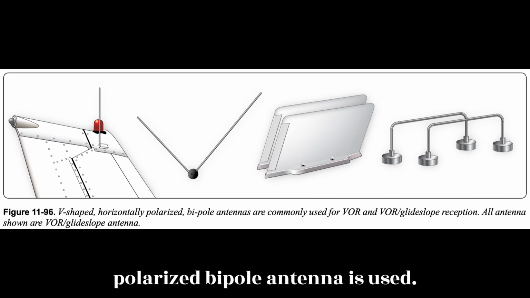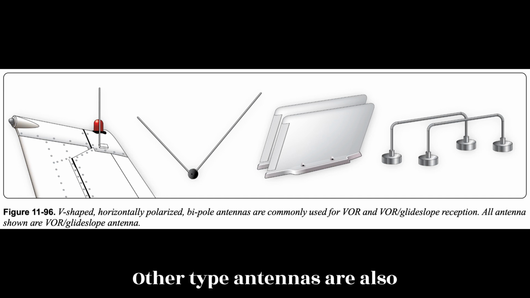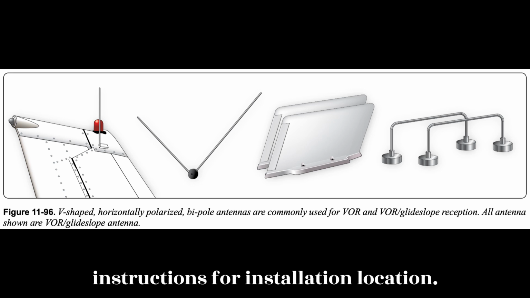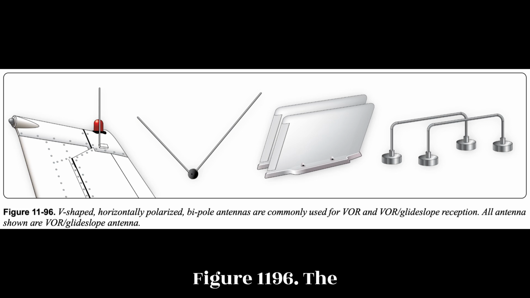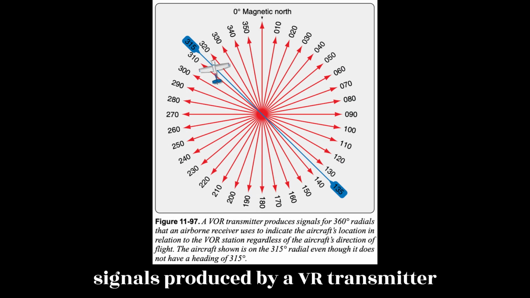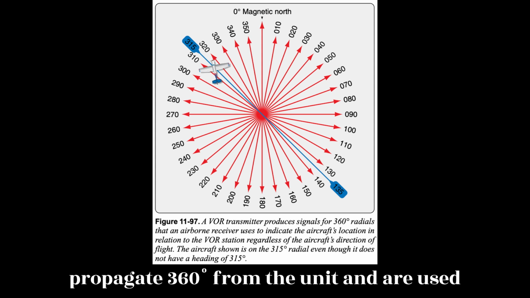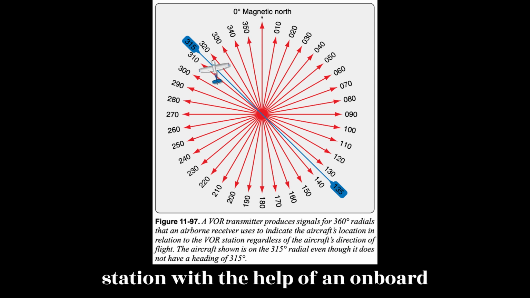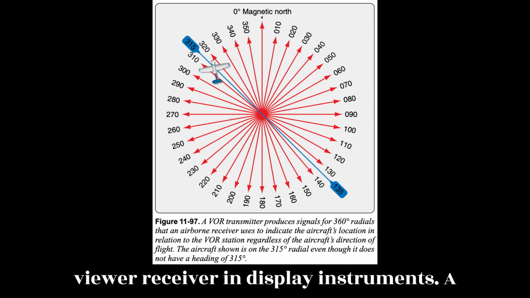Other type antennas are also certified. Follow the manufacturer's instructions for installation location. Figure 11.96. The signals produced by a VOR transmitter propagate 360 degrees from the unit and are used by aircraft to navigate to and from the station with the help of an onboard VOR receiver and display instruments.